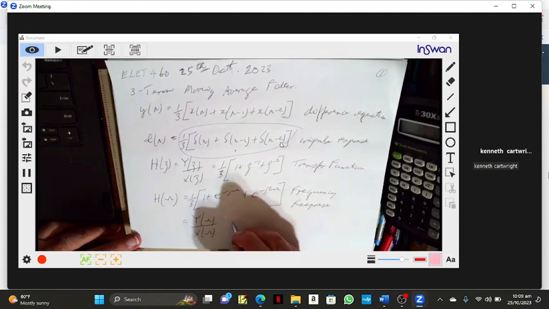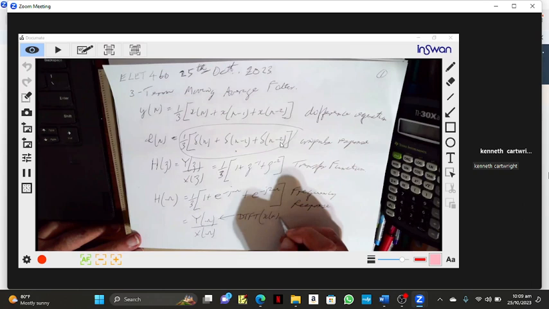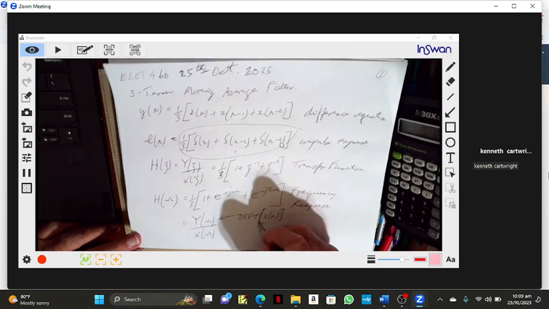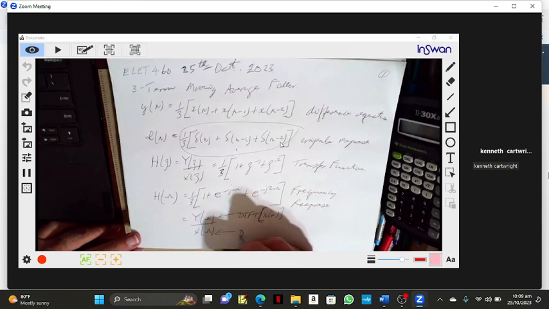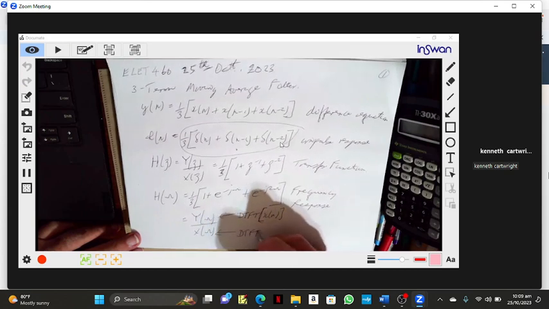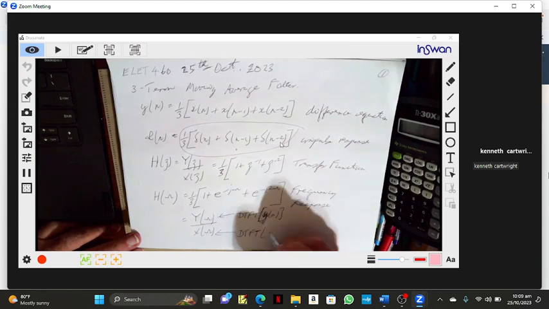And Y of omega is called the discrete time Fourier transform of y of n, and X of omega is called the discrete time Fourier transform of x of n.